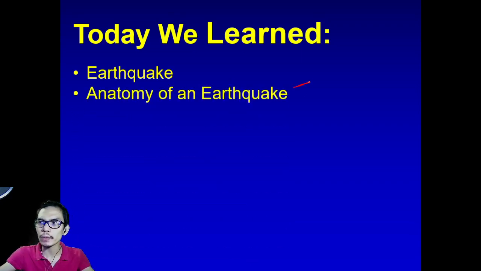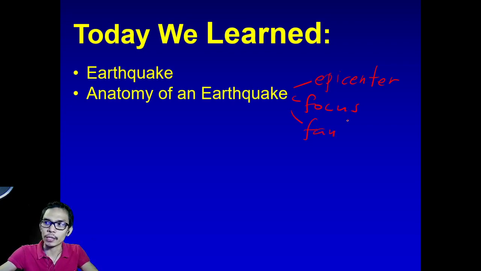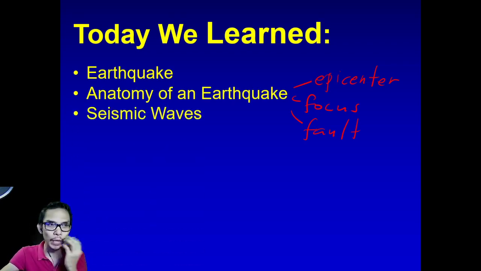When there's an earthquake, you might likely find out where is its epicenter, and also its focus, and where is the fault that the earthquake occurs. All right, so these are the terms that are part of an earthquake anatomy.